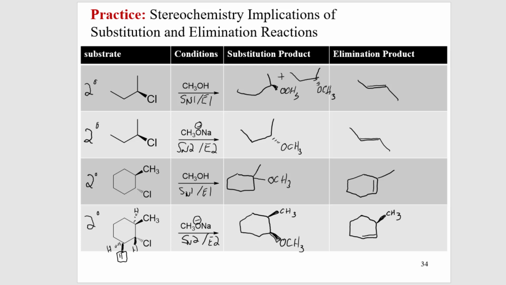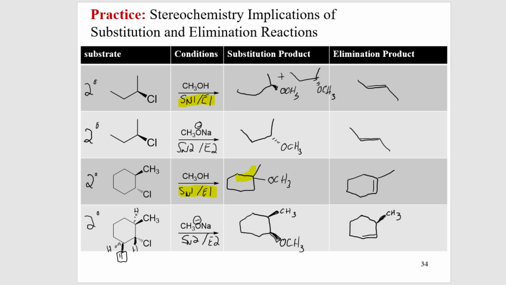Now, why did I go through this? Could I have identified what the major product would have been between the substitution and elimination products? Notice that as I went through this and broke it down, I was able to tell you if you were going to do SN1/E1 or SN2/E2. For all the SN1/E1s, you can't distinguish.